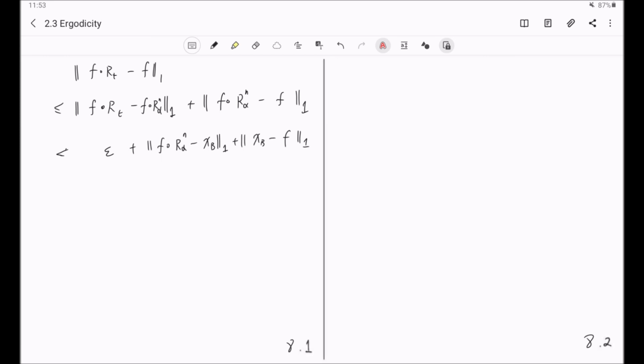Actually, you may observe that they're the same. That is because b is chosen at the beginning to be invariant under R_alpha. So this chi sub b is the same as chi sub b composed with R_alpha, and it doesn't matter if we compose R_alpha n many times.